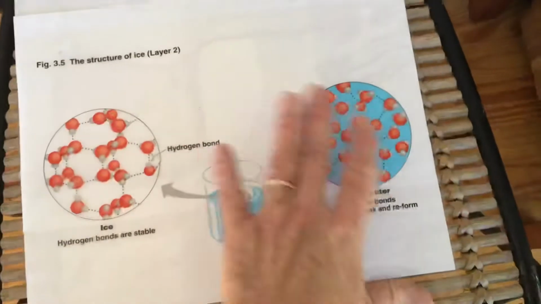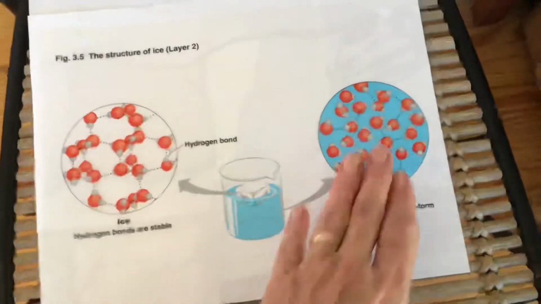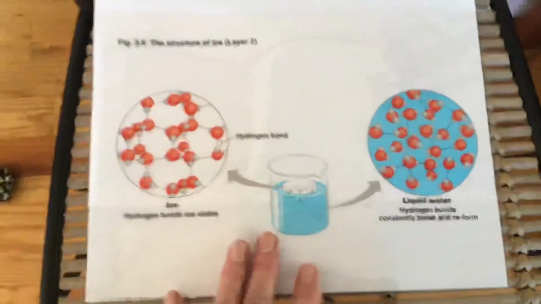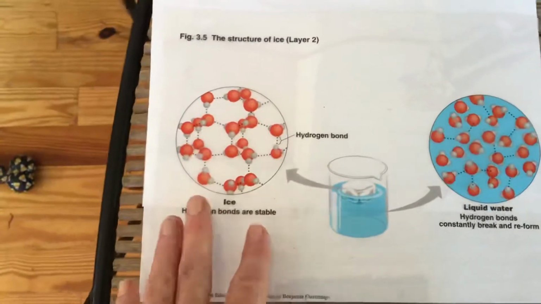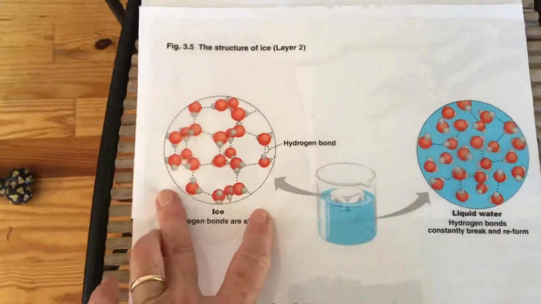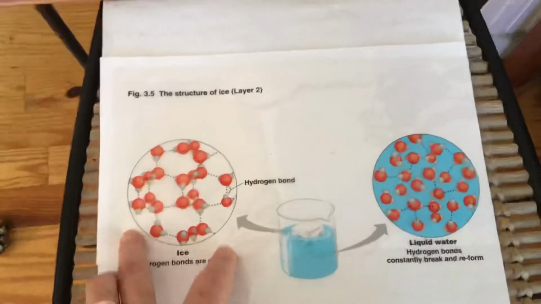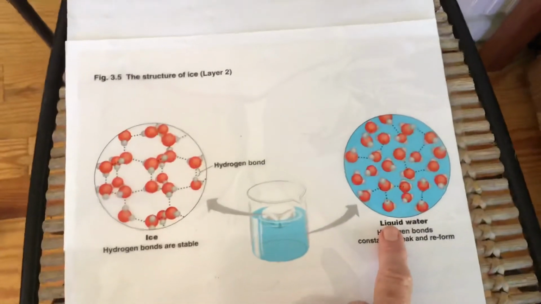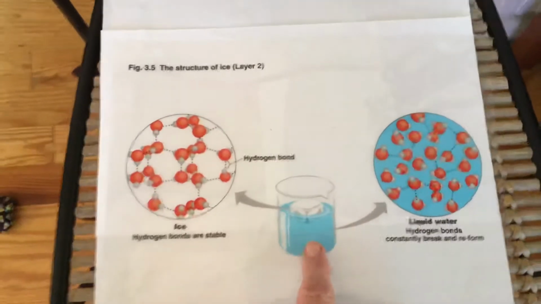Water as a liquid is actually going to be floating around each other, not necessarily bonded to each other, and the molecules are somewhat closer. And as you cool it down, it's going to form what they call a lattice structure, which has more space between the molecules than it does as a liquid. And because of that, ice floats.